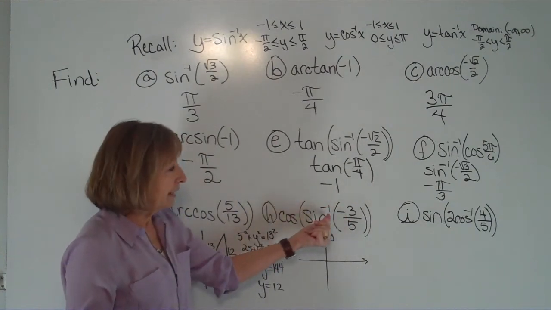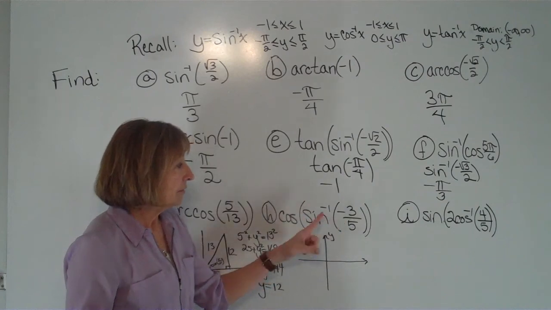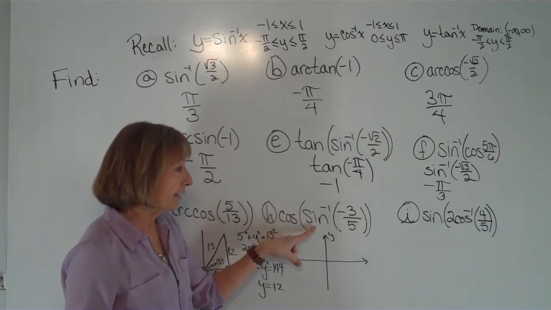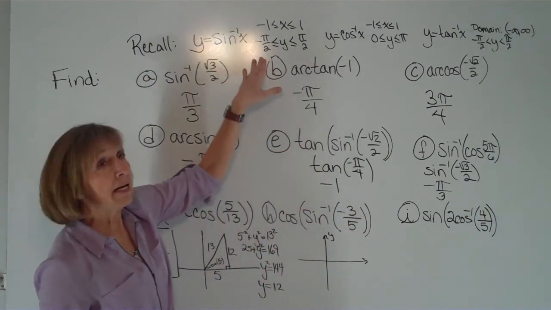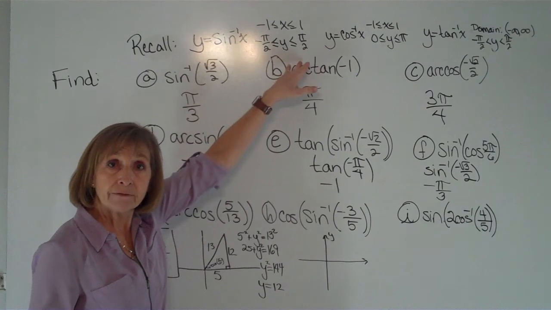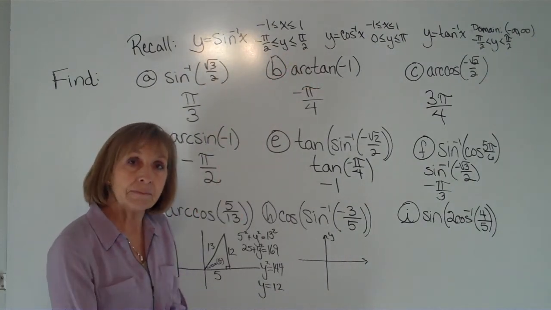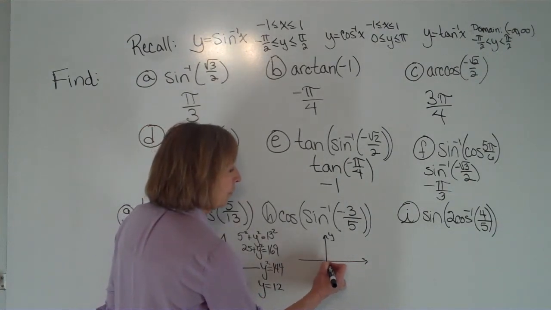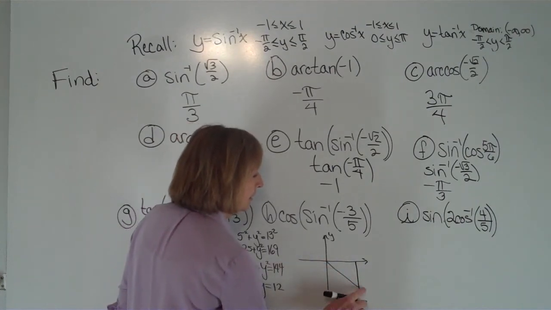Inside out, I have the inverse sine of a negative ratio here. So this is the angle whose sine ratio is -3/5. Well, in our span from -π/2 to π/2, the sine ratio will be negative if we're looking at it being in the fourth quadrant. So I can draw my right triangle this way.